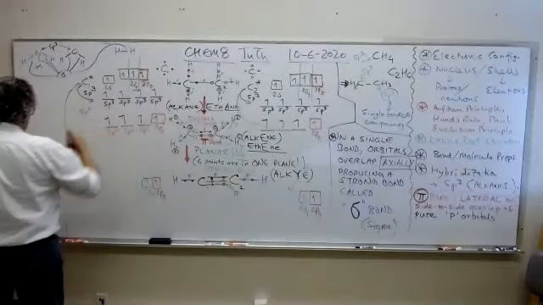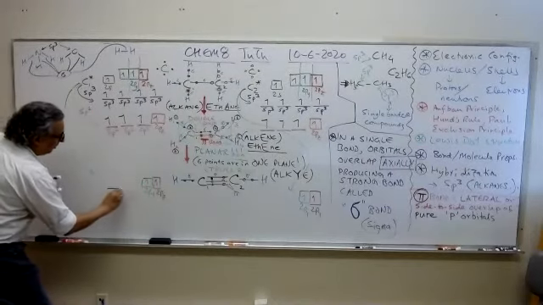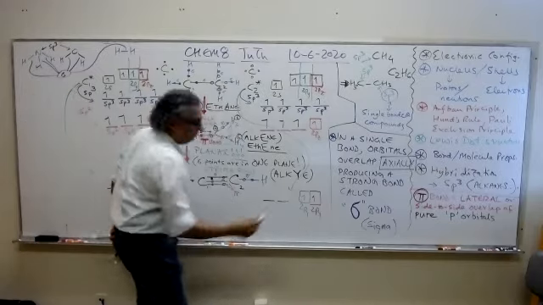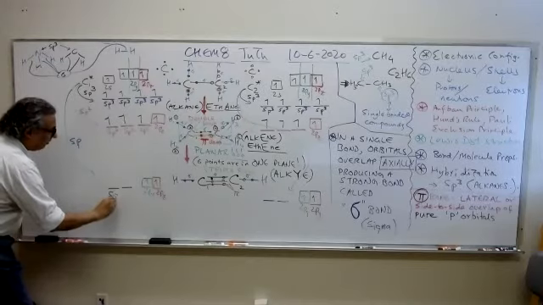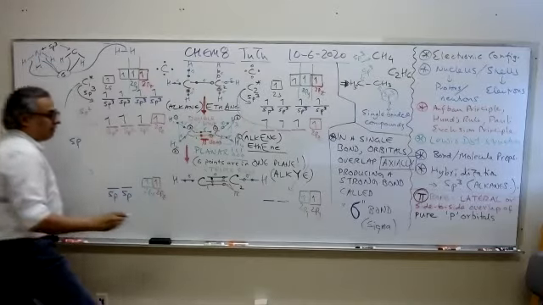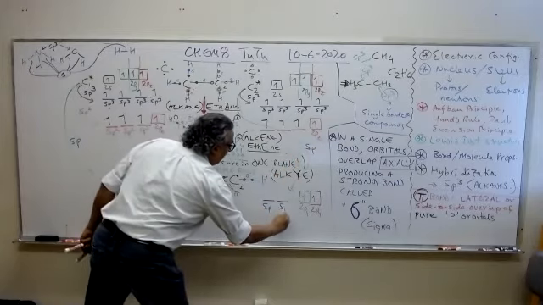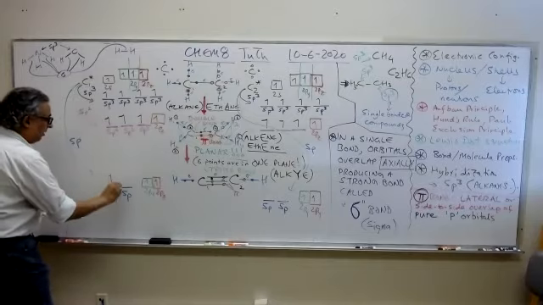So what kind of hybridization will produce just two hybrid orbitals? Speak up. SP. SP, that's it. It's that simple. This hybridization is going to be called sp, and each of them will have one electron.